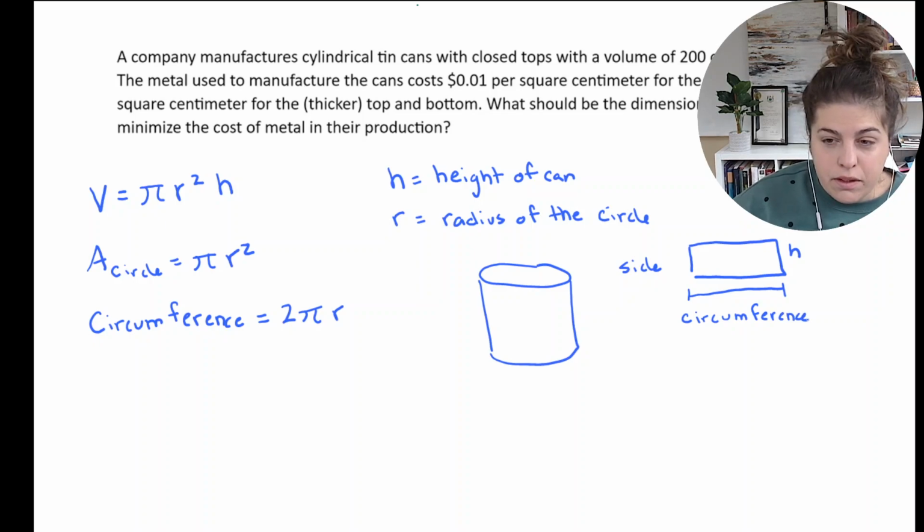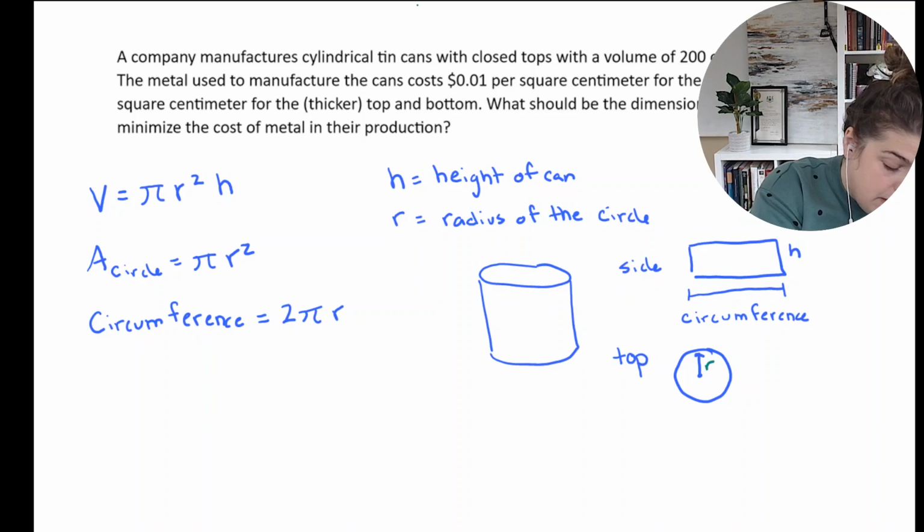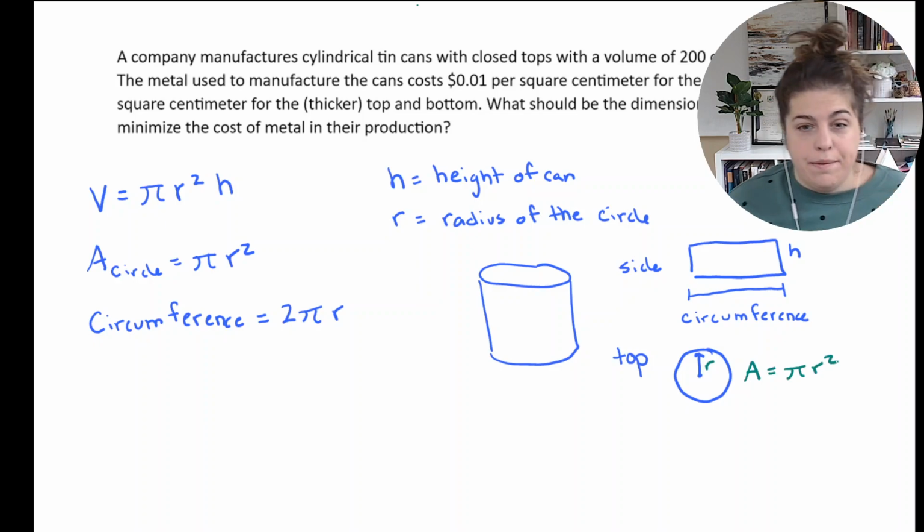The top of our can is a circle, so that radius is going to be there, and the area here is that pi r squared. Okay.